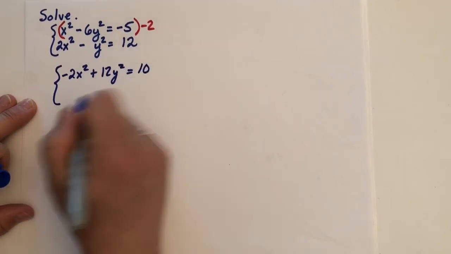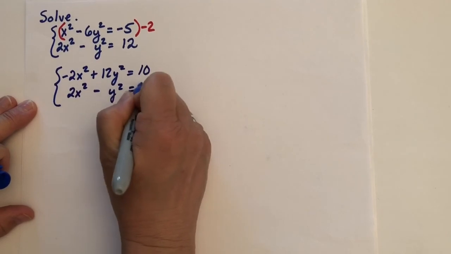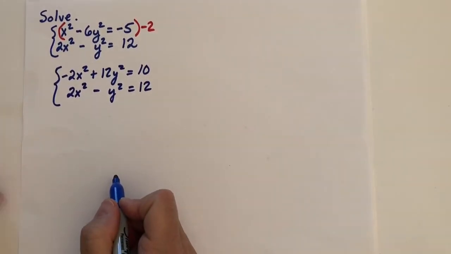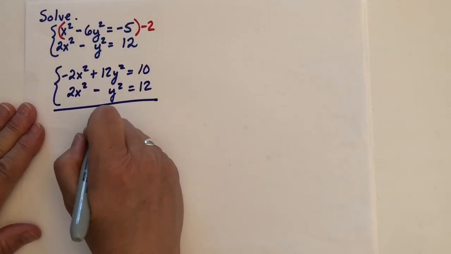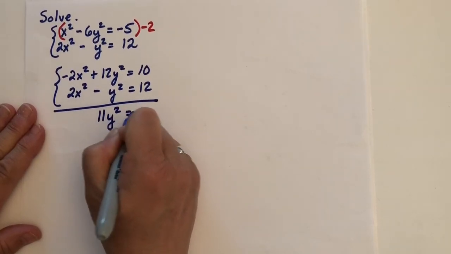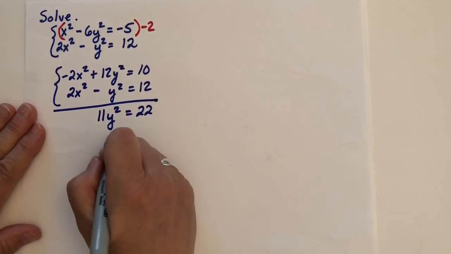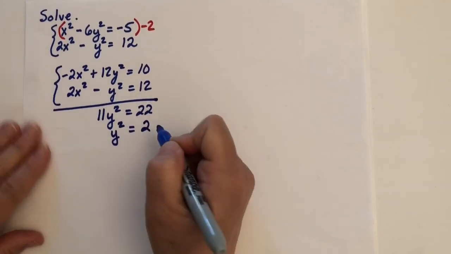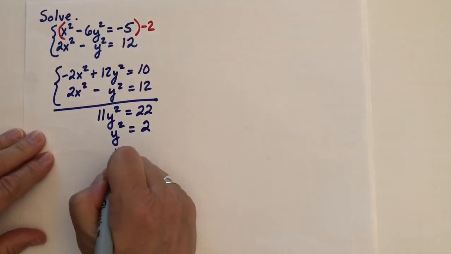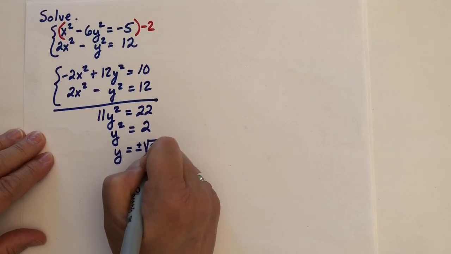And I still have 2x squared minus y squared equals 12. So when I add the equations together, I have 11y squared equals 22. A nice little quadratic equation to solve there. So I have y squared equals 2. So I get y equals plus or minus the square root of 2.